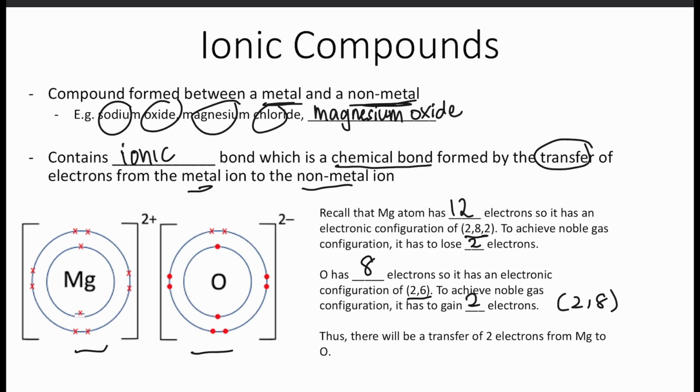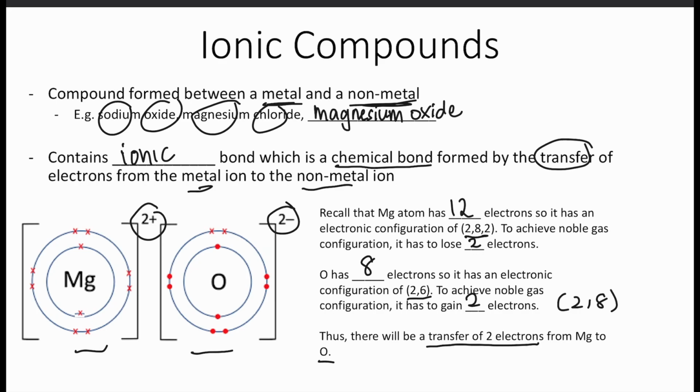In this case, the magnesium will transfer 2 electrons to oxygen. Since magnesium has lost 2 electrons, its charge will be 2+. And since oxygen has gained 2 electrons, the overall charge for oxygen will be 2-.